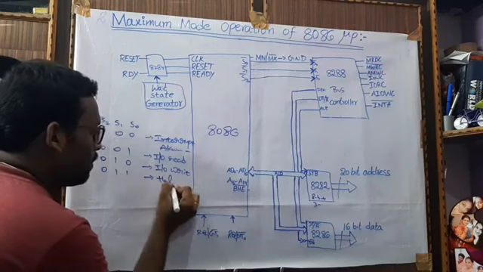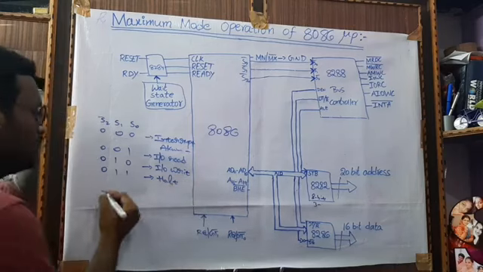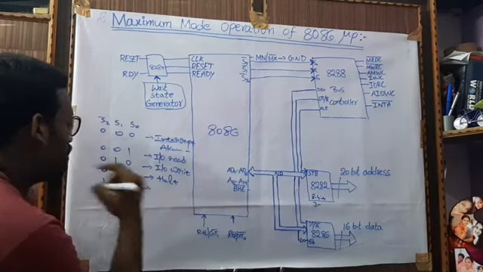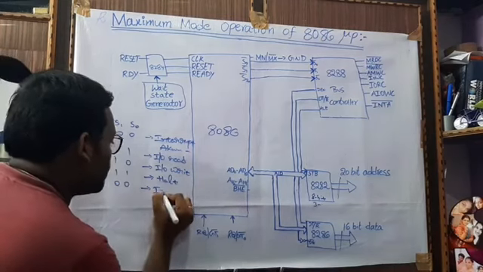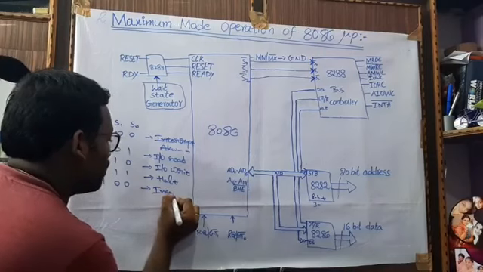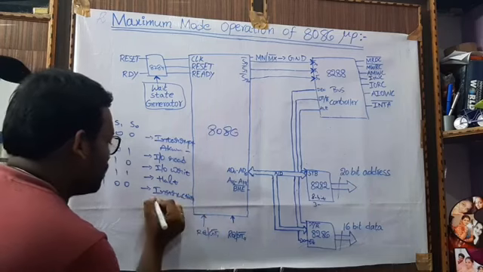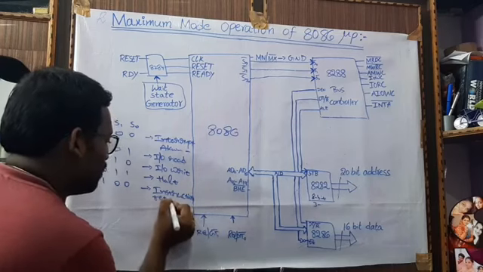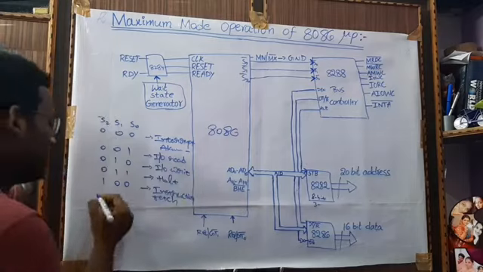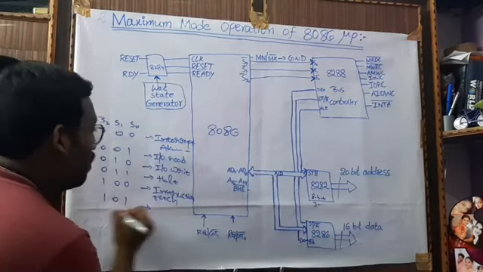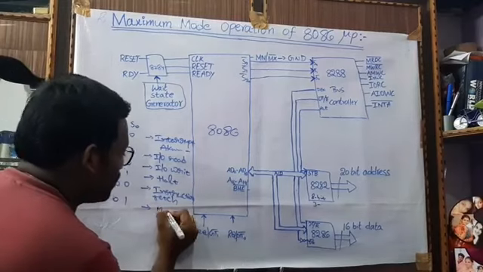If 1 0 0, it is instruction fetch operation. If 1 0 1, memory read.